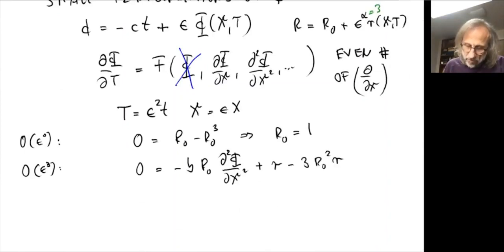Which we can simplify because r0 is 1, so this is simply minus b d2 phi by dx squared minus 2 little r.